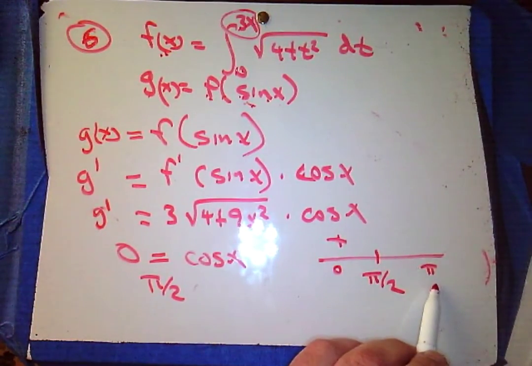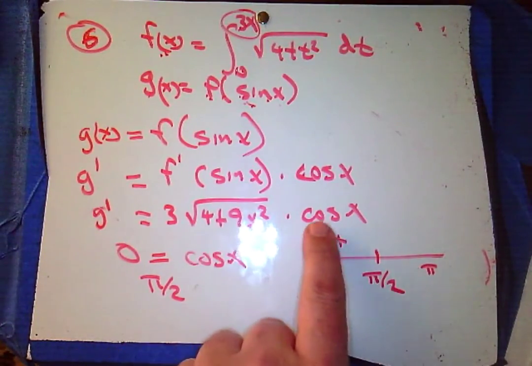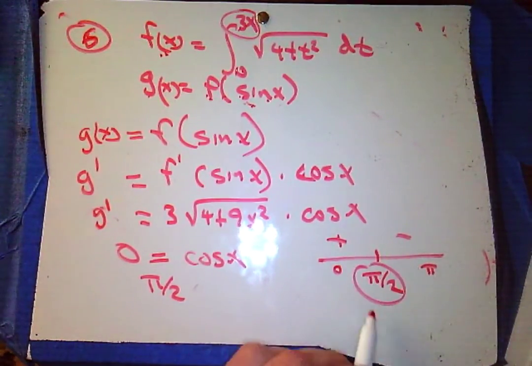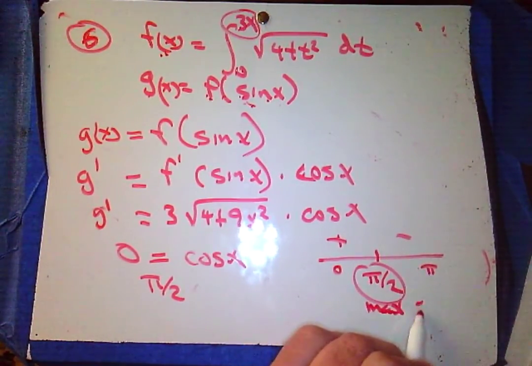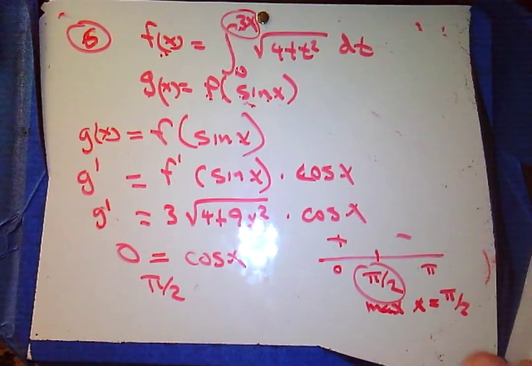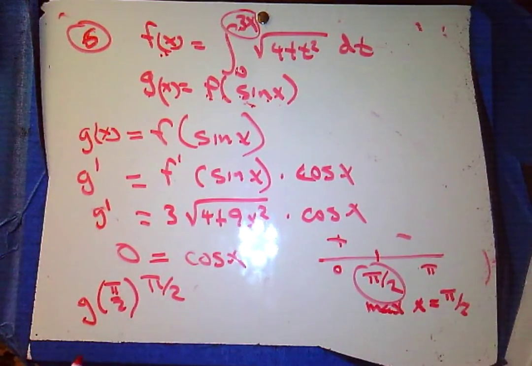If I plug in a pi, I get a positive times negative 1, and that's a negative. So I definitely have a max at x equals pi over 2. However, read carefully. They want the maximum value. They want to know what g of pi over 2 is.